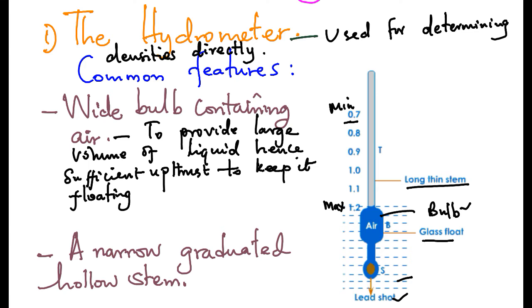It is through the volume of the bulb that the density range can be measured, based on the volume of the bulb.